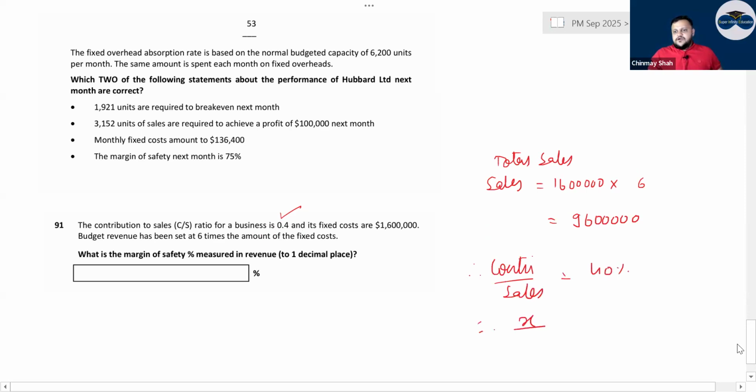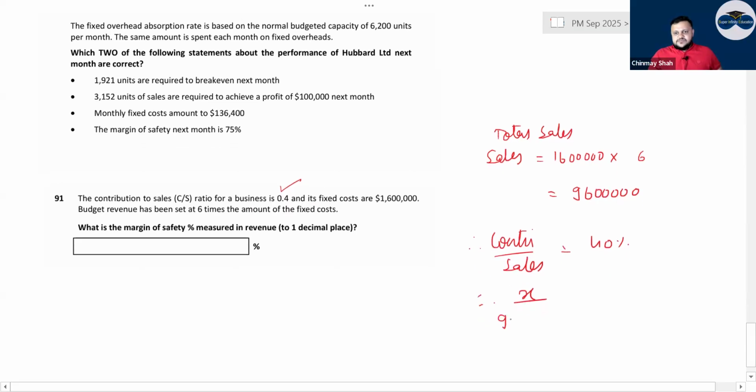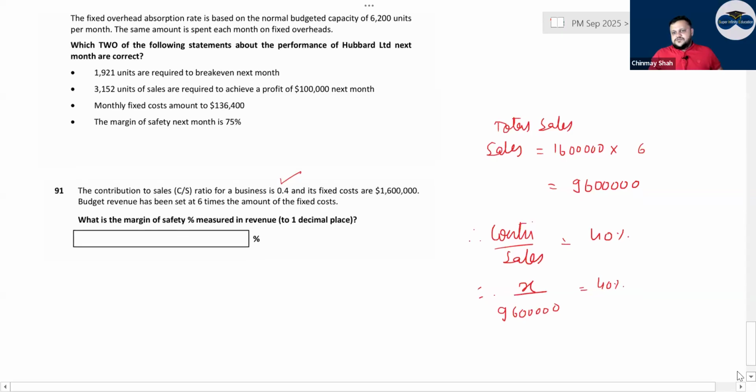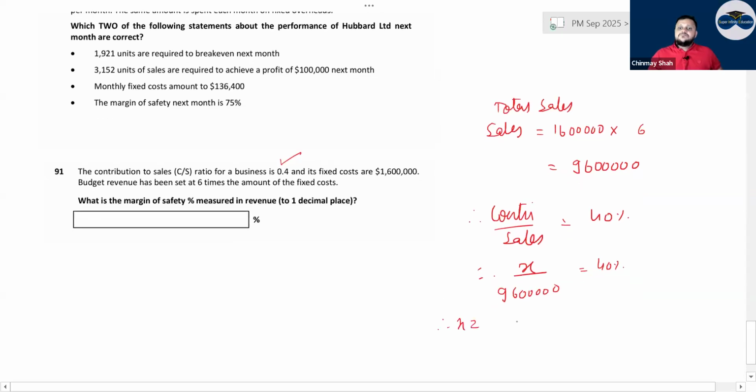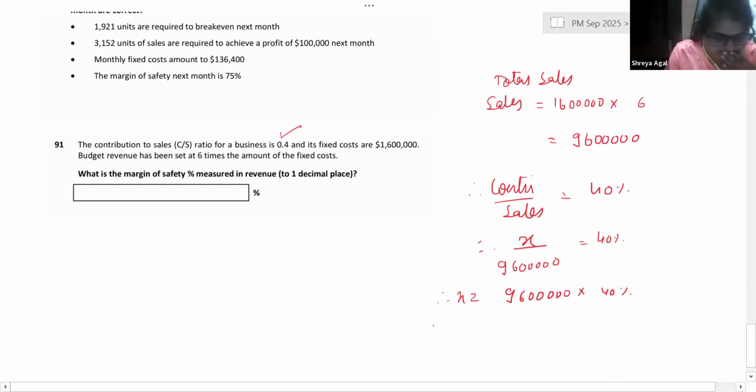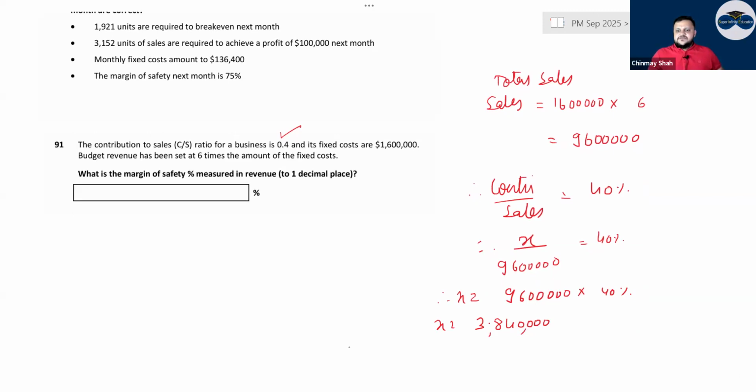I don't know the contribution, but I know the sales, so how much is the contribution? 9.6 million into 40% is 3.84 million. That is the contribution. Correct. Now, how will you do it?